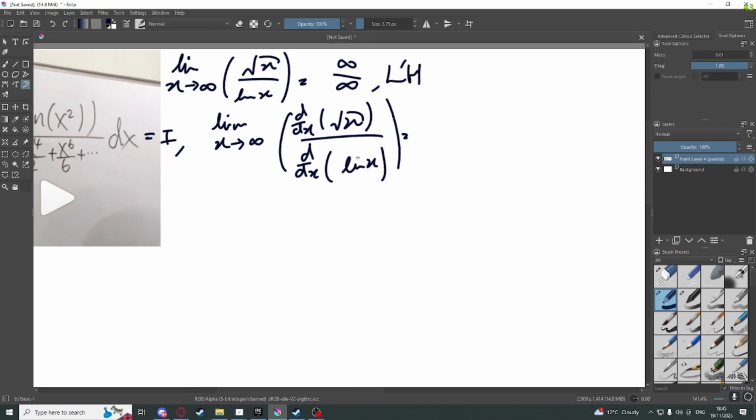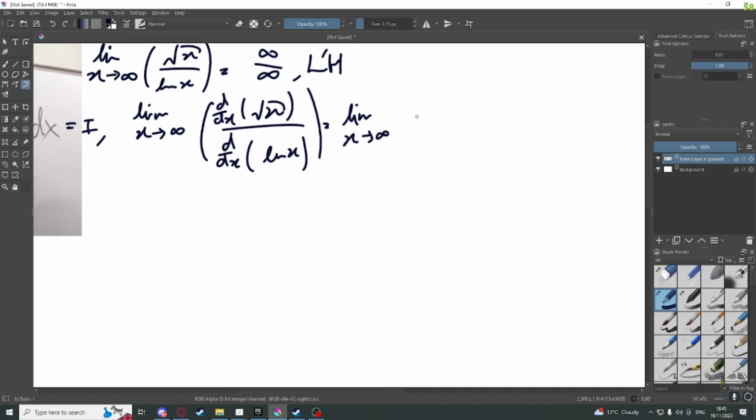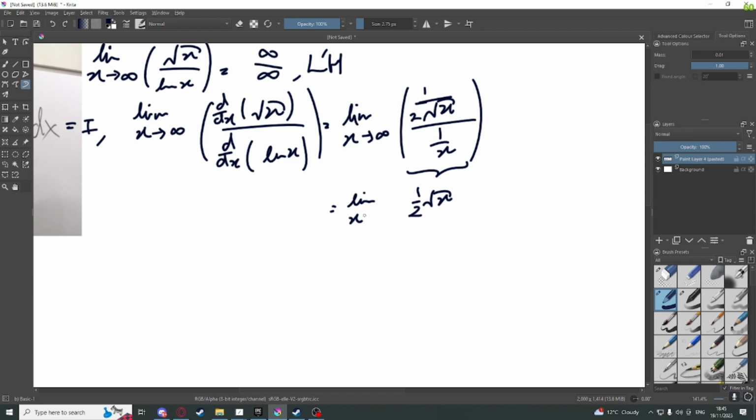And what this is equal to is the limit as x approaches infinity of 1 over 2 root x all over 1 over x, and simplifying this is 1/2 times the square root of x, and the limit as x approaches infinity of this will just be infinity.